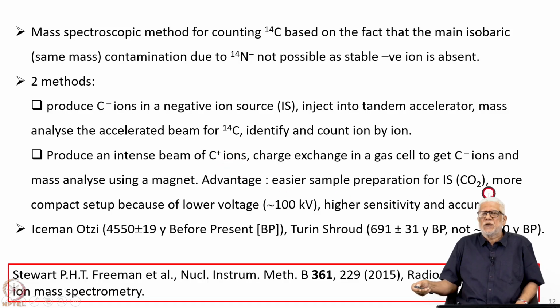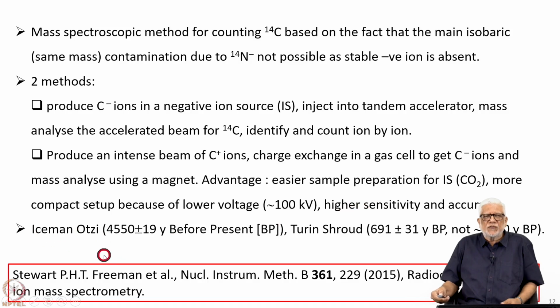You just burn the carbon to get carbon dioxide, and that you feed into the positive ion source. The voltages are also lower: whereas here it is of the order of millions of volts, there it is of the order of 100 keV. Because it is a more compact and more reliable device, you have higher sensitivity and accuracy.